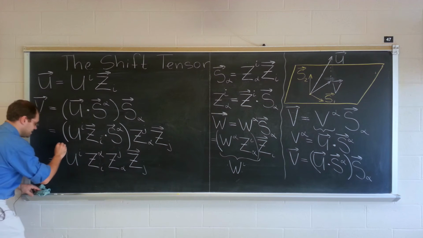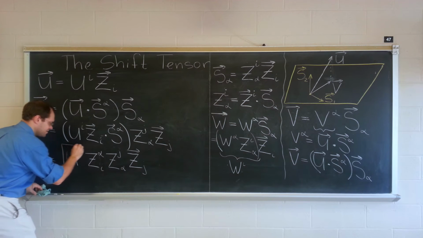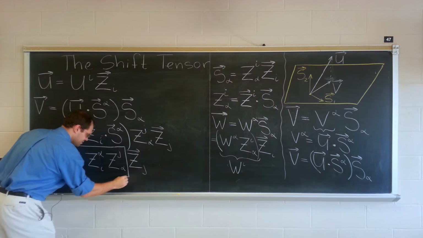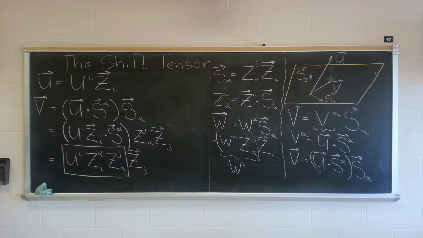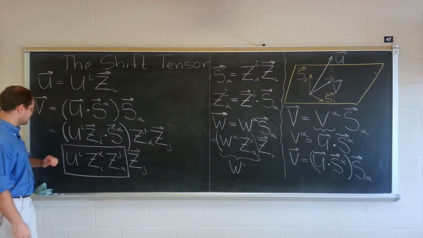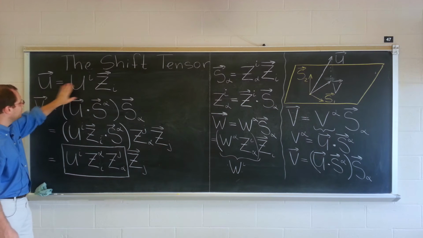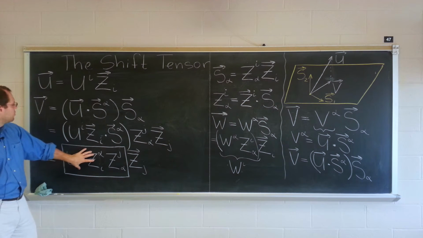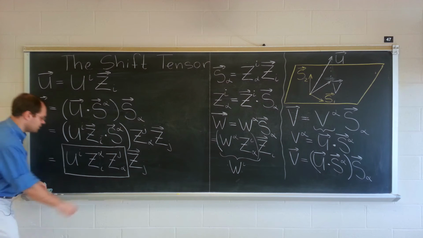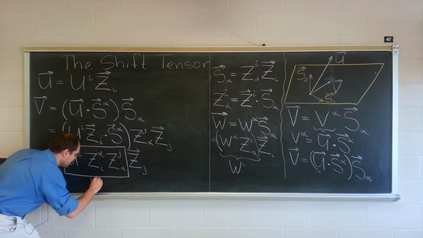Okay? So what we see right here are the components of the projection of U. This is the projection, and these are its ambient coordinates. You can call this V^i.